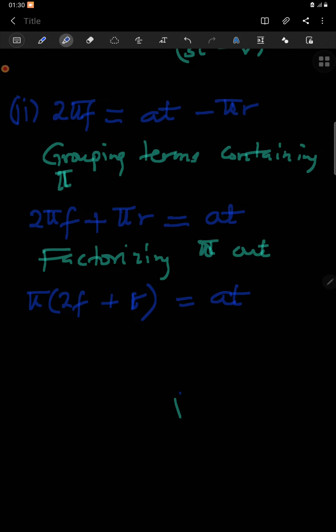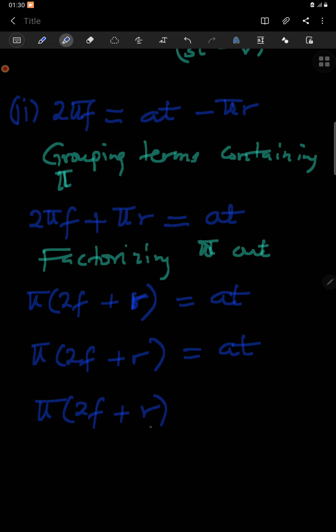Then finally, we divide through by 2f plus r.